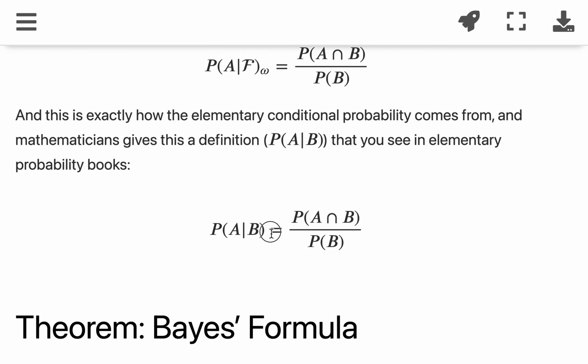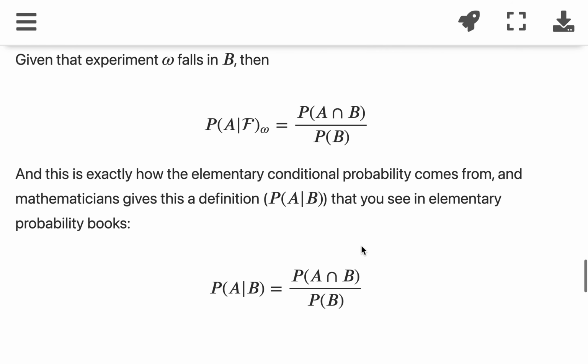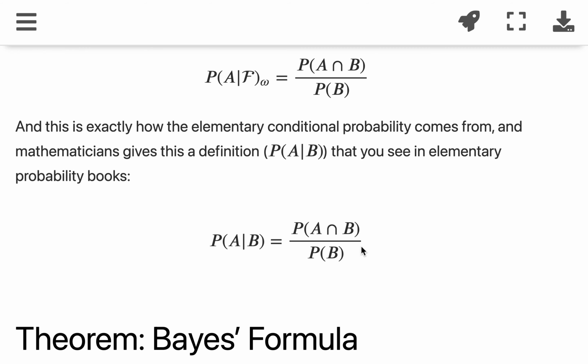So that's how the elementary conditional probability formula is derived in measure theory. In set theory, it's also very easy to understand, but it was not rigorously proven.